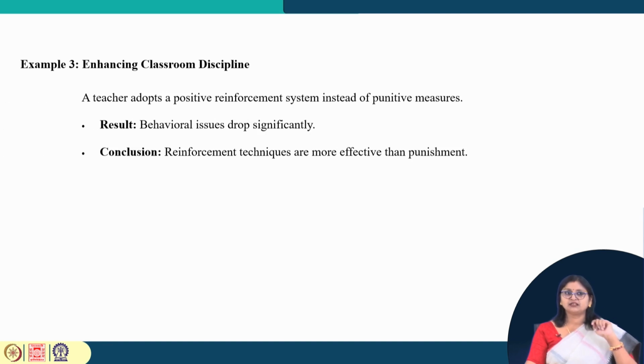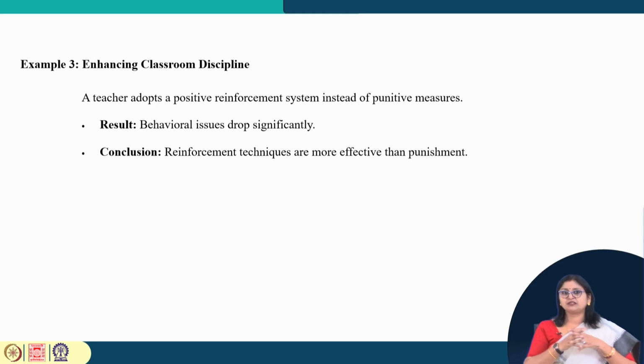Example 3 of action research is enhancing classroom discipline. Suppose a teacher adopts a positive reinforcement system instead of punitive measures. Punishment is not required. So, the result is that behavioral issues dropped significantly. If you are giving positive reinforcement, motivating your students, then definitely this kind of decrease will come in the students' behavior. So, what is the conclusion?